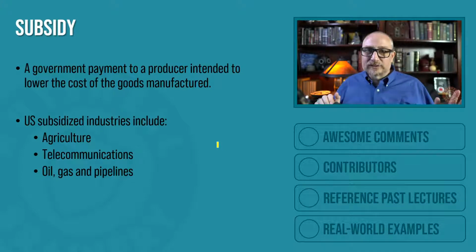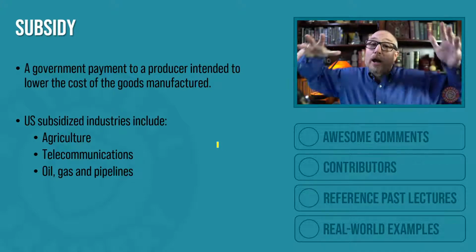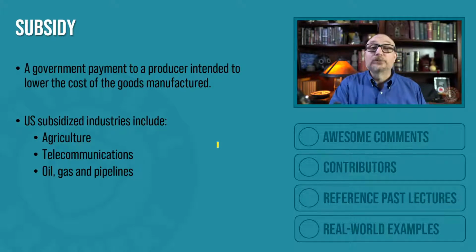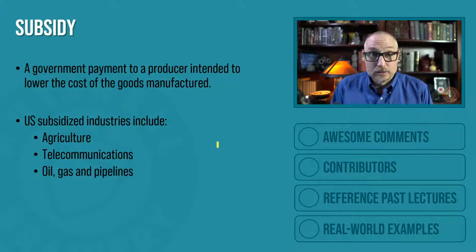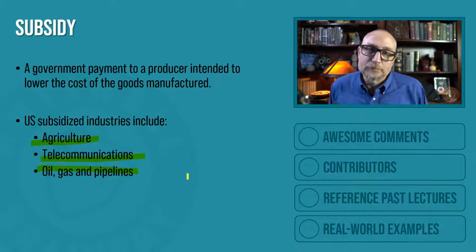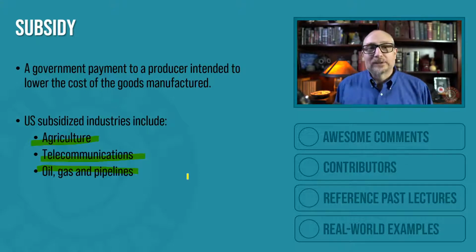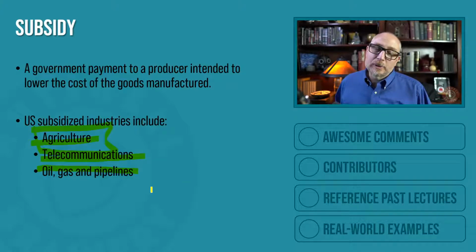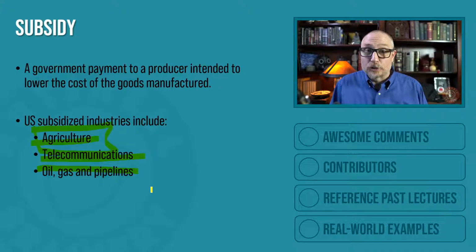But the idea of a subsidy is when a country props up an industry. Now, we subsidize a ton. We subsidize things like agriculture, telecommunications, oil, gas, pipelines. Well, why do we subsidize these things? We subsidize agriculture because we want everybody to have affordable access to food.